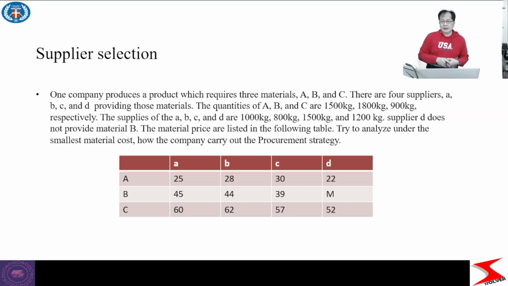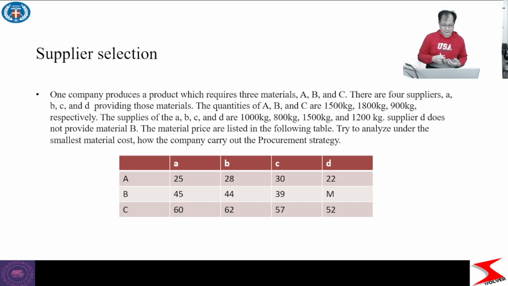So I leave this problem for you for practicing, but I still would like to read the description for supplier selection. One company produces a product which requires three materials A, B, and C. There are four suppliers, small a, b, c, d, providing those materials. The quantities of A, B, and C are 1,500, 1,800, and 900 kilograms respectively.